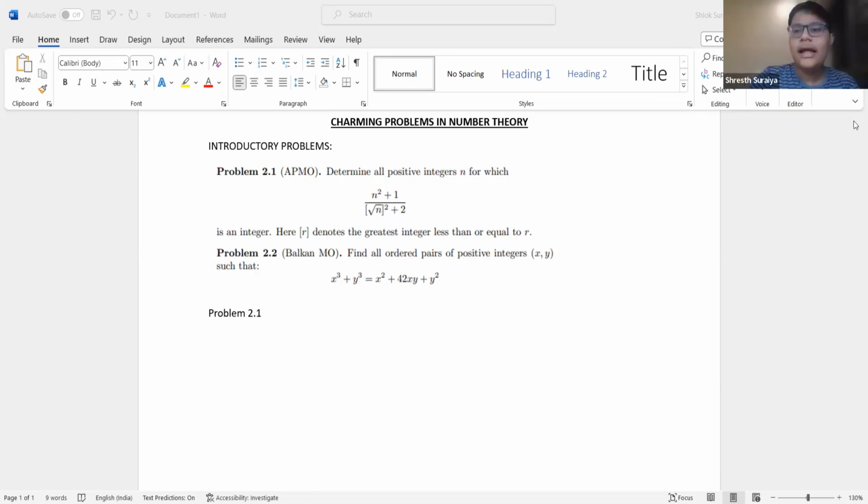Any ideas on the problem? Any of the two problems. It's not necessary that you first attempt the first one and then the second one. Anyone?